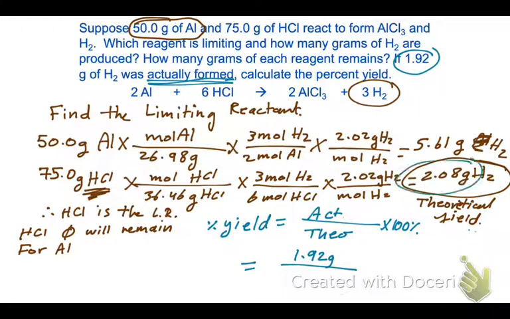Theoretical yield, remember, is 2.08 grams multiplied by 100, and the answer for that will be 1.92 divided by 2.08 multiplied by 100 will be 92.3%.